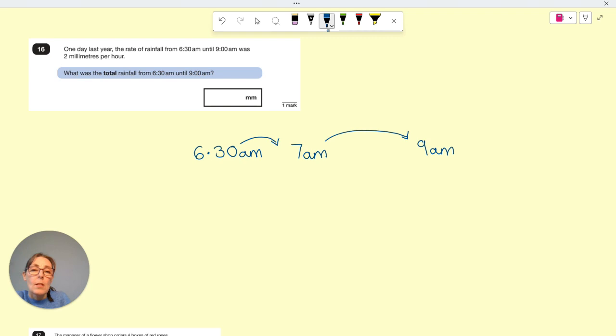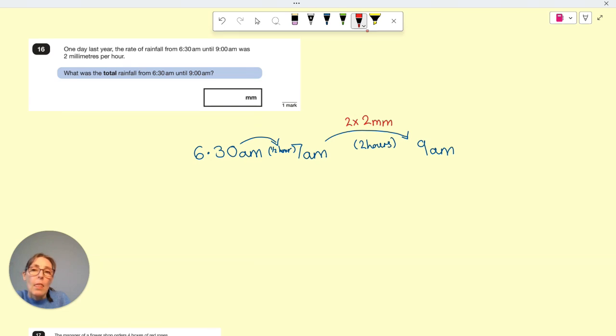Okay, so 7, 8, 9, there's 2 hours there, aren't there? And this is half an hour here, a bit small, but one day last year, the rate of rainfall from 6:30 a.m. until 9 a.m. was 2 millimeters per hour. So 2 hours means there's 2 times 2 millimeters.